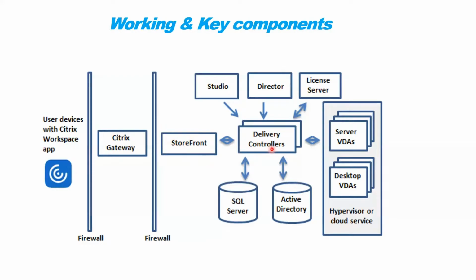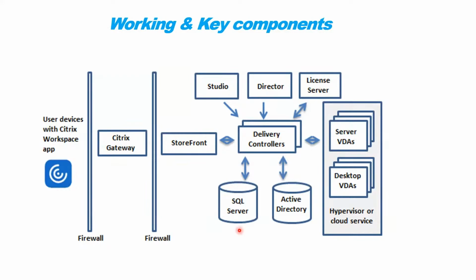So basically coming to here, delivery controller is a core component. Studio is a GUI console to manage the entire Citrix data center. Director is a tool for the troubleshooting perspective. License server is responsible to allocate the license on each and every virtual machine.